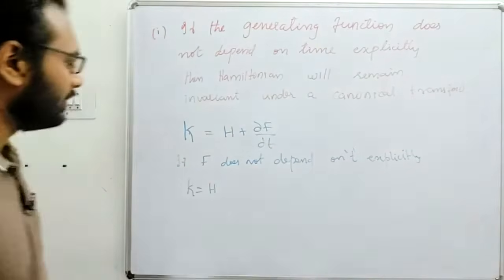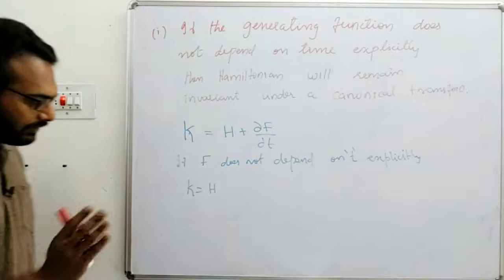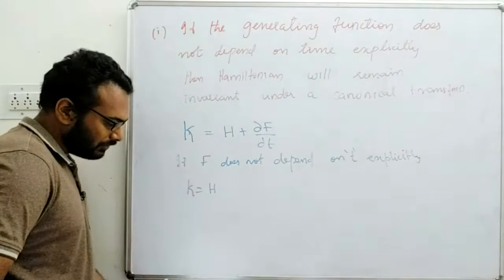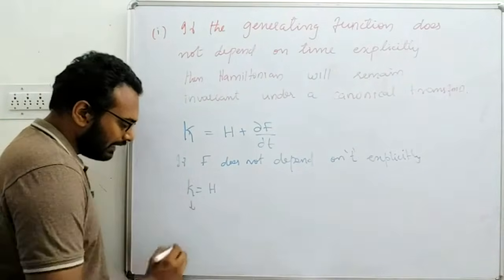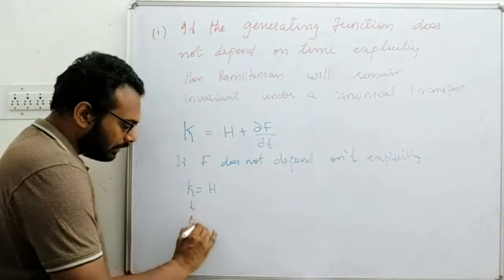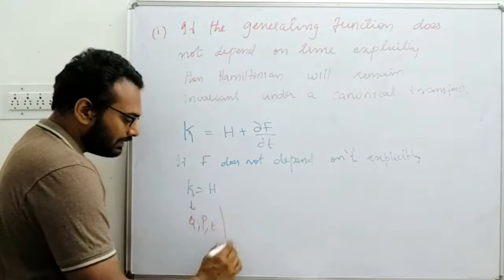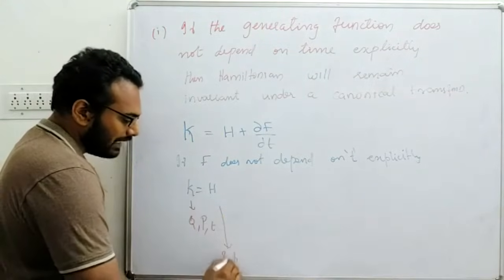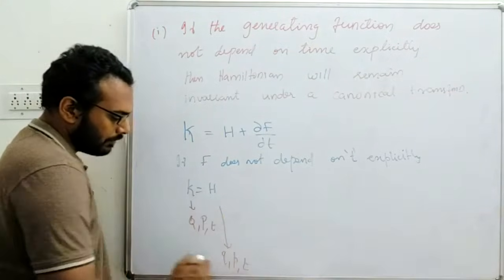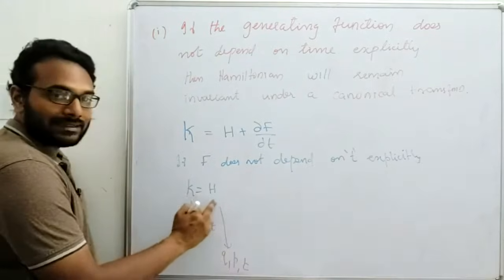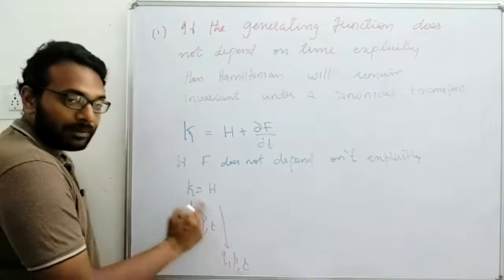That's easy. Now we write K equal to H, but you have to remember that this K, we have to write as a function of the new thing: capital Q, capital P, and T. This time may or may not be there. Even though it's exactly the same thing, the functional dependencies are different.